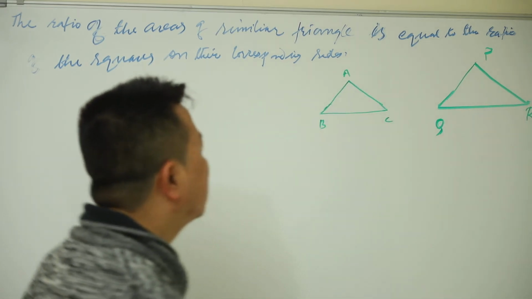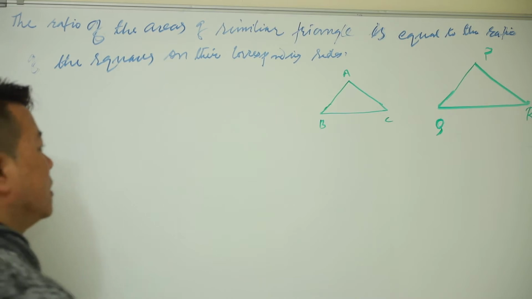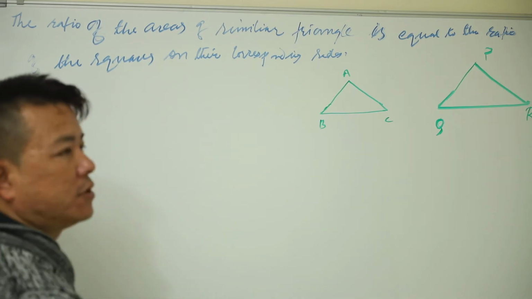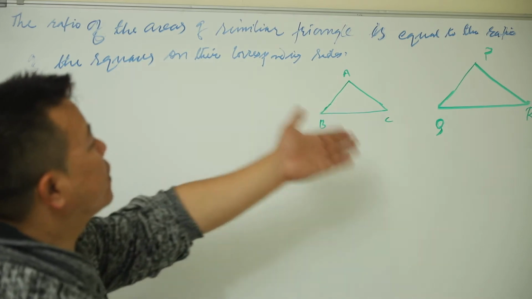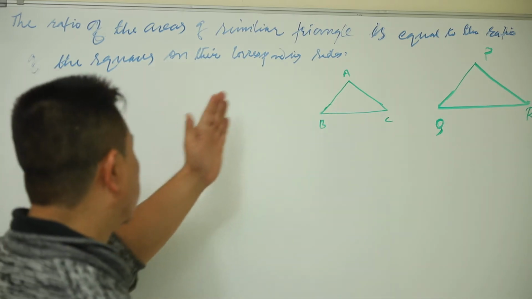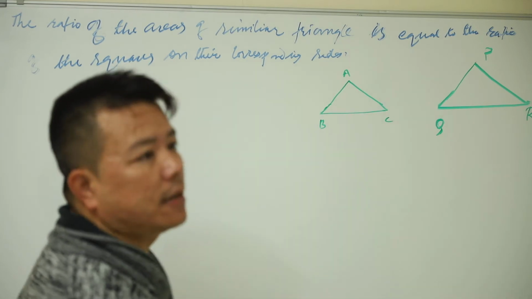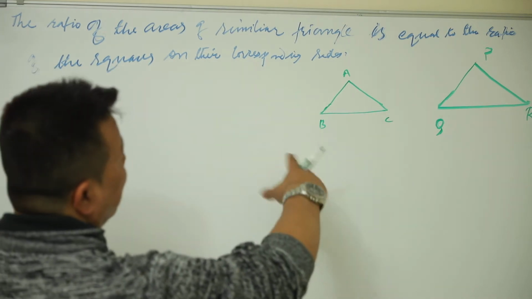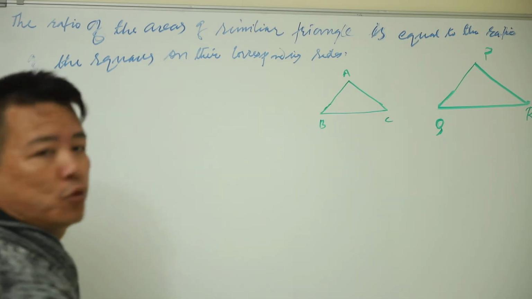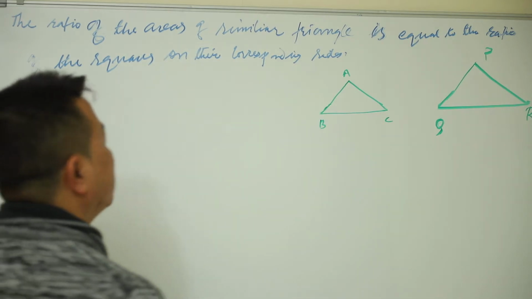Now we have two triangles, and both are similar. What is the property of similar triangles? The ratio of their corresponding sides is equal. That means the corresponding sides of similar triangles are in proportion, which we have already learned.